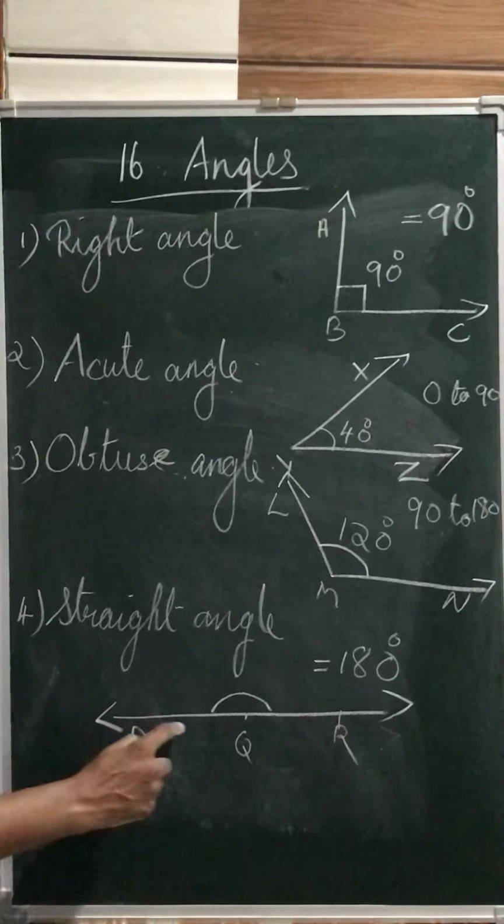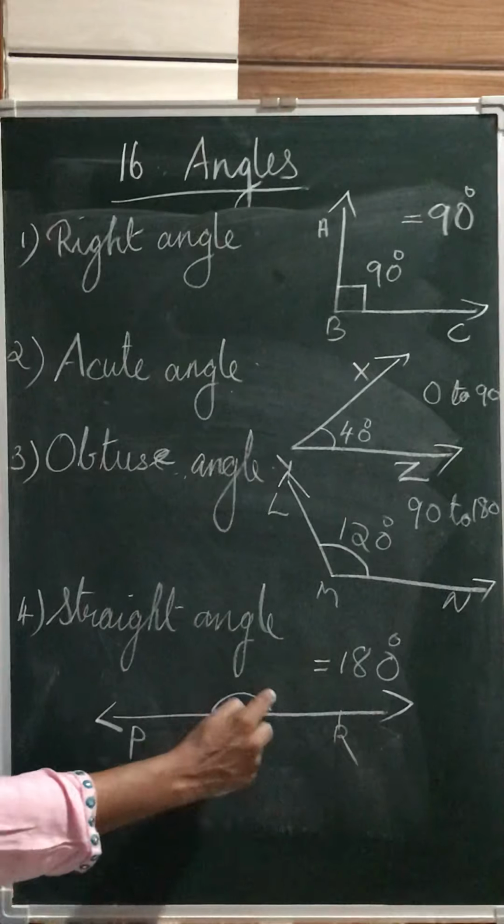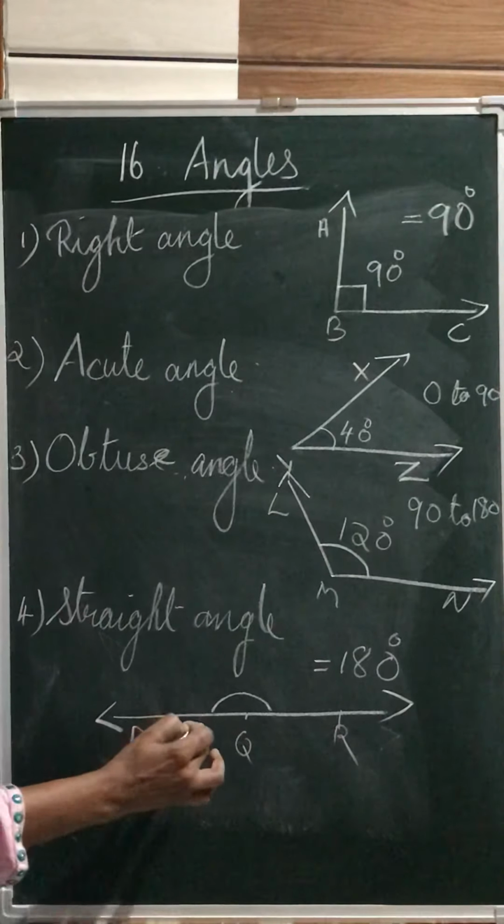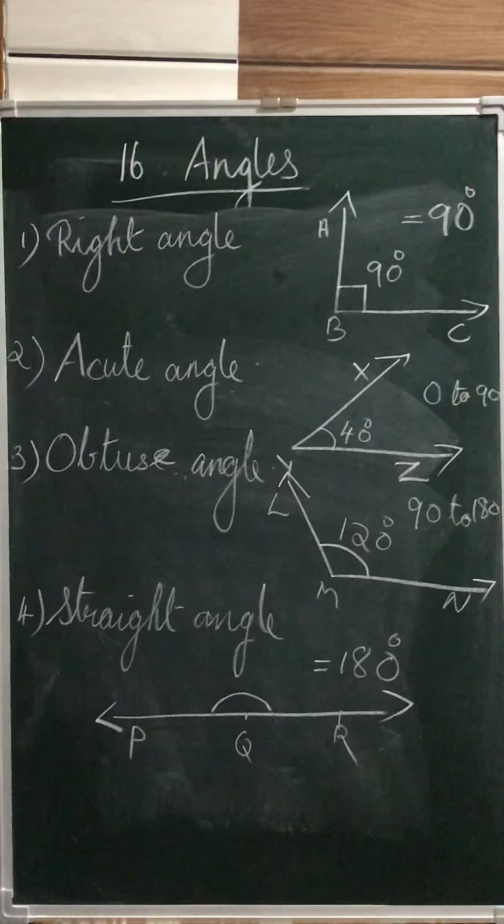This angle is of measure 180, a straight line, then it is straight angle. Okay, these are the 4 types of angles.